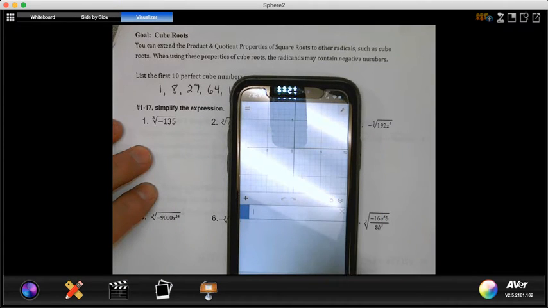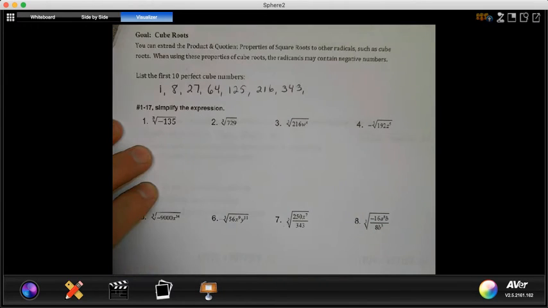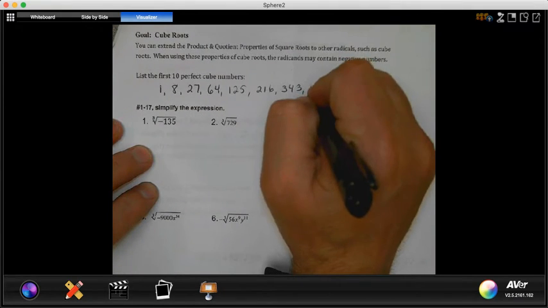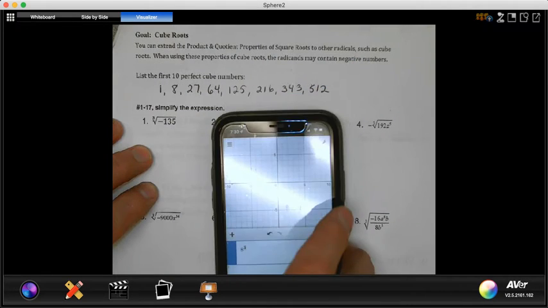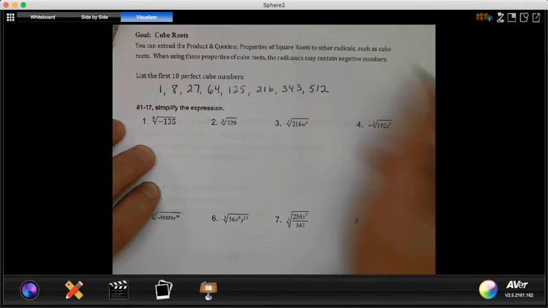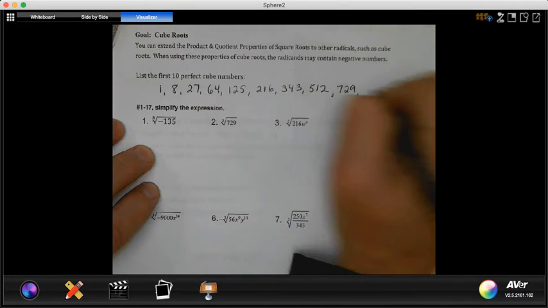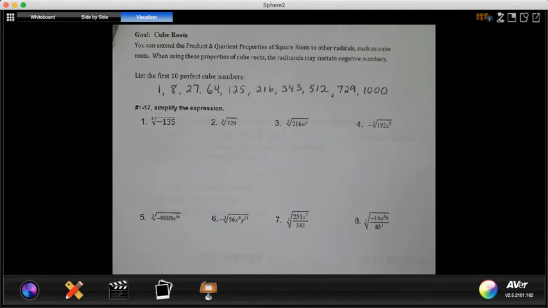I go into Desmos and type 8 cubed. It's 512. 9 cubed is 729. And 10 cubed is 1,000. So there's the first 10 perfect cubes.